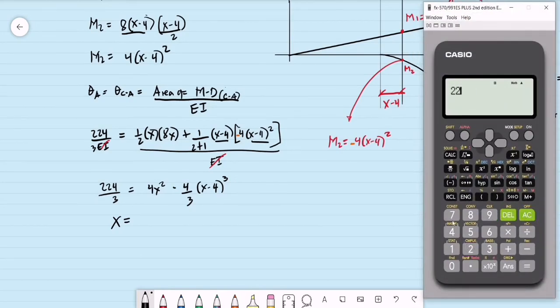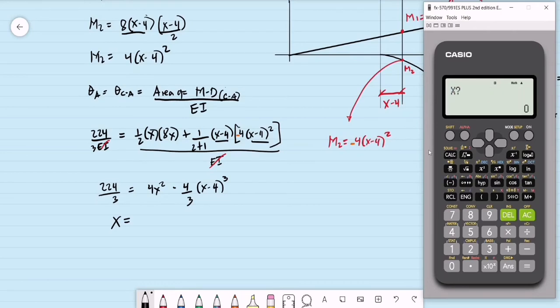So we have 224 divided by 3 is now equal to 4 alpha x squared, minus 4 over 3 multiplied by (alpha x minus 4) raised to 3. So shift solve.